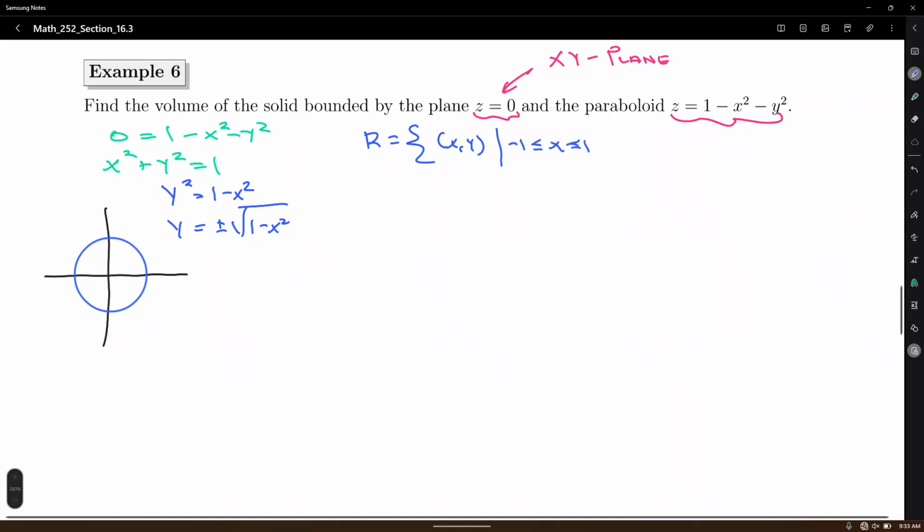I think this is kind of clear, right? Now what about y? It's bounded above by the upper semicircle and bounded below by the lower semicircle, so y is varying between negative root of 1 minus x squared and positive root of 1 minus x squared. Guys, do you feel like integrating this?